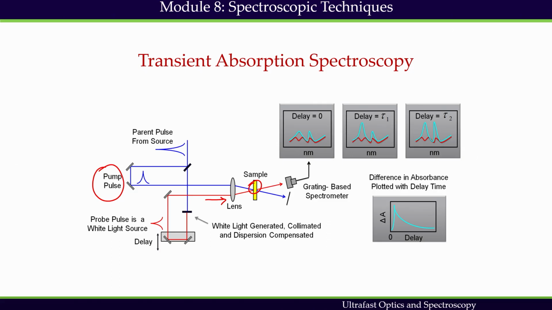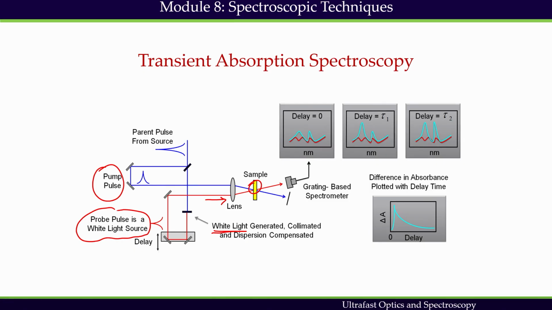That is why the probe pulse which we use will be time delayed with respect to the pump pulse, but the probe pulse has to be a white light pulse, so that I have a broad spectrum to observe the absorption spectrum of the transient species.